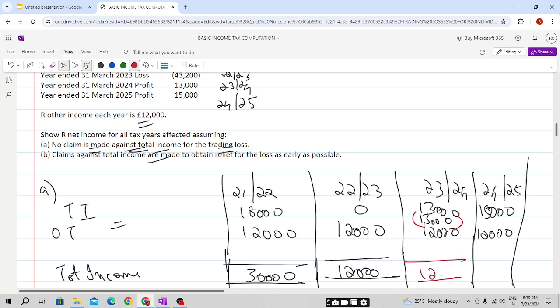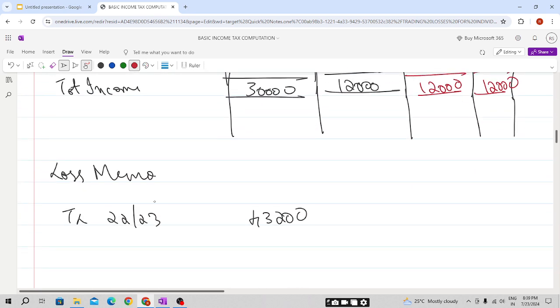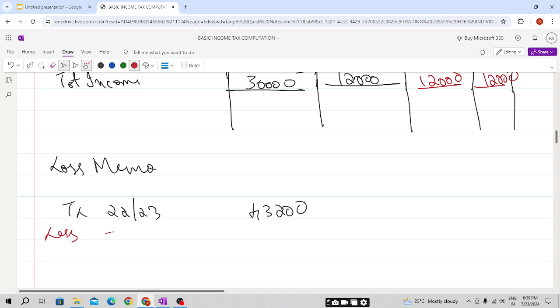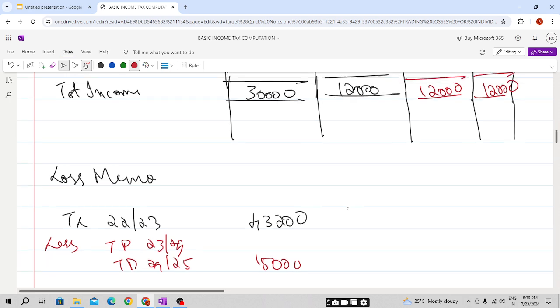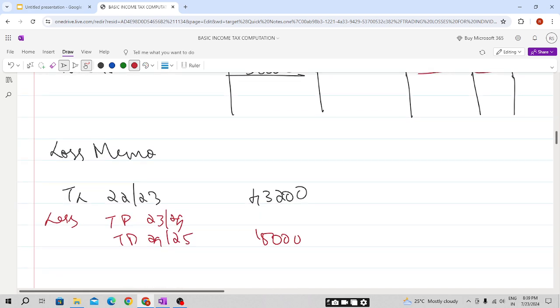So our profit will be 12,000. Now next year is 15,000, so our income will only be 12,000. Here we are not claiming against the total income, students. Please do keep in mind. So less trading profit of 23-24, and the trading profit of 24-25 of 15,000, and this amount is 13,000.